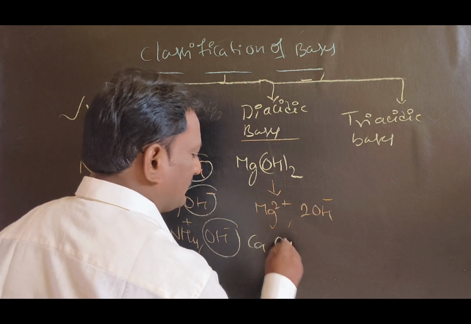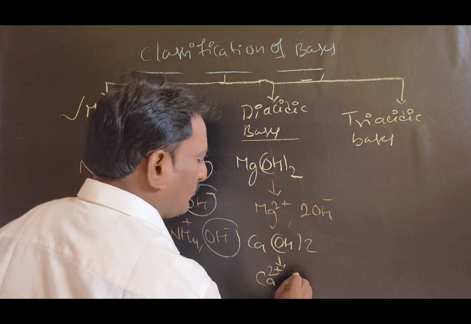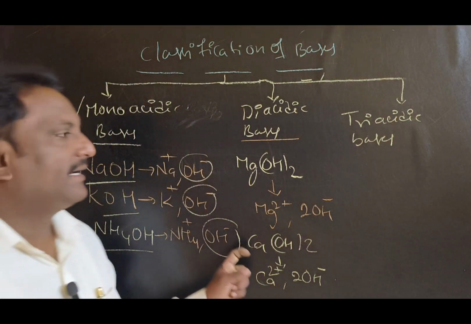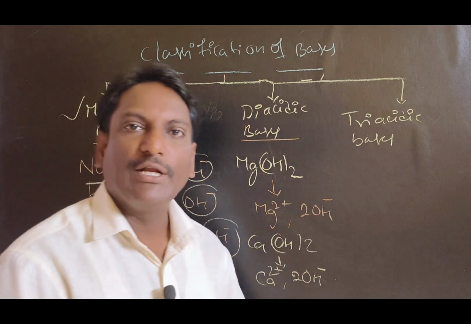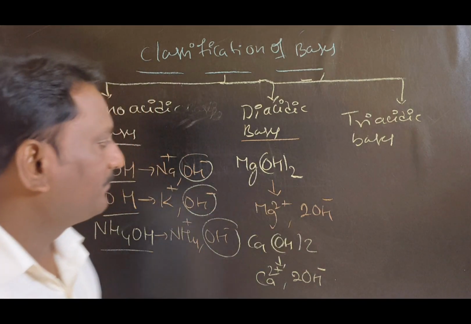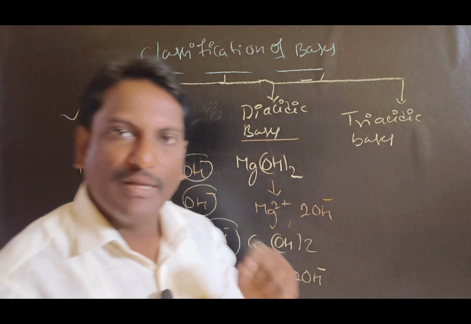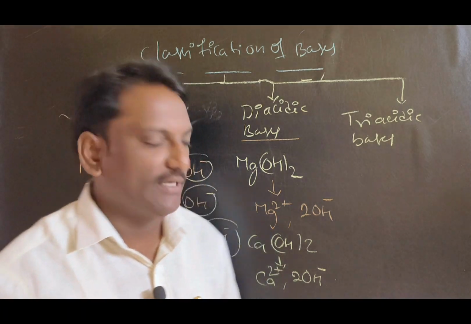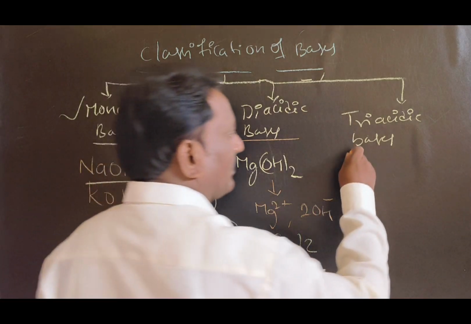Calcium hydroxide is ready to produce Ca2 plus along with 2 OH minus ions. So these are called diacidic bases. Magnesium hydroxide is also called milk of magnesia. Calcium hydroxide is also called slaked lime. Please remember this point.